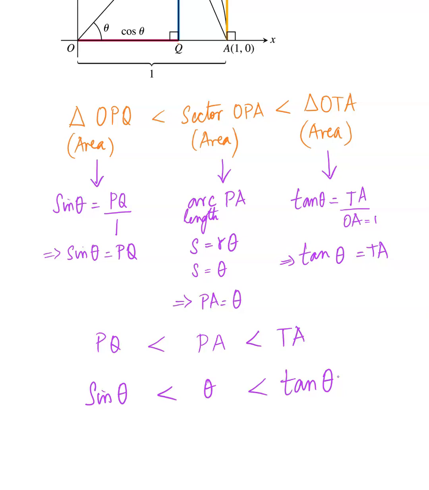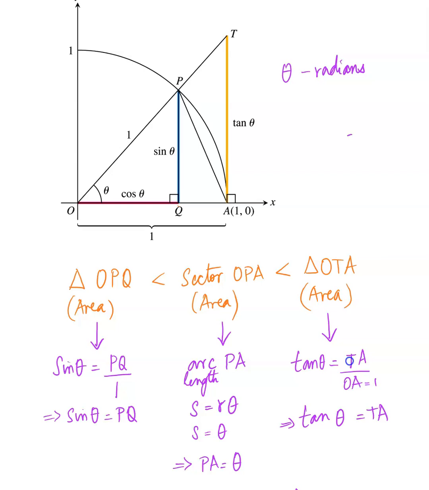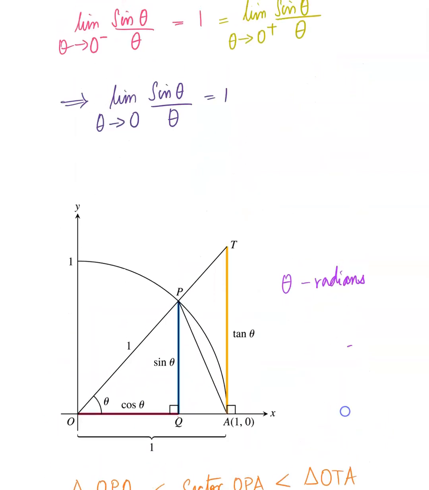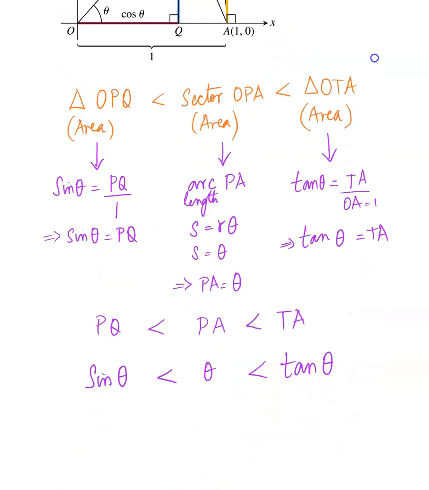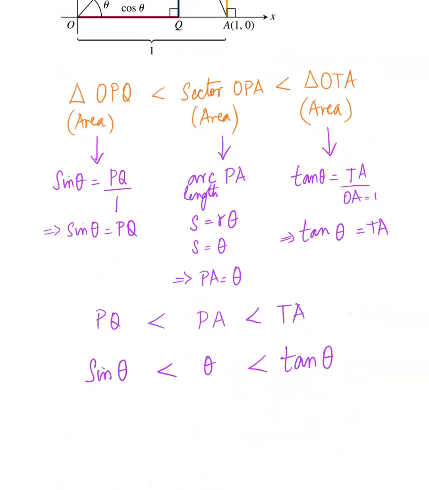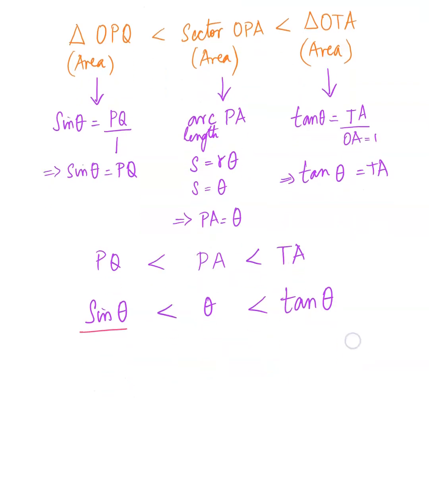Do we agree? Once we get this set up, remember the whole idea of proving this is to get the sine theta over theta situation. So what I'm going to do is divide each part of the inequality by sine theta.